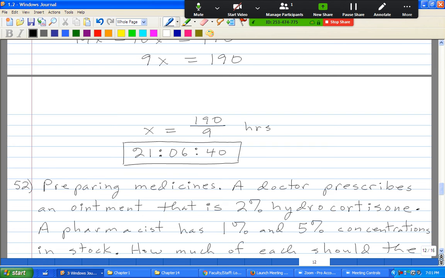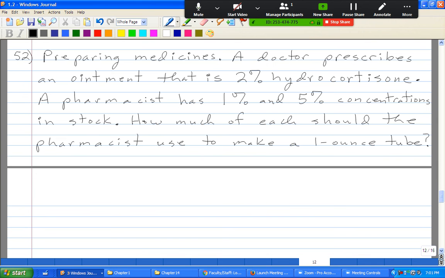Let me do problem number 52. Preparing medicine. A doctor prescribes an ointment that is 2% hydrocortisone, so I have that this is 2% hydrocortisone.